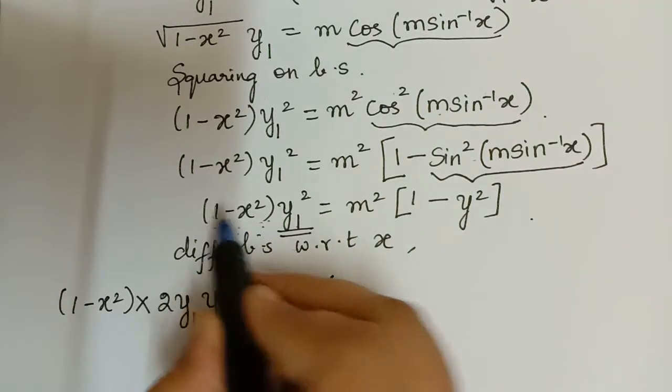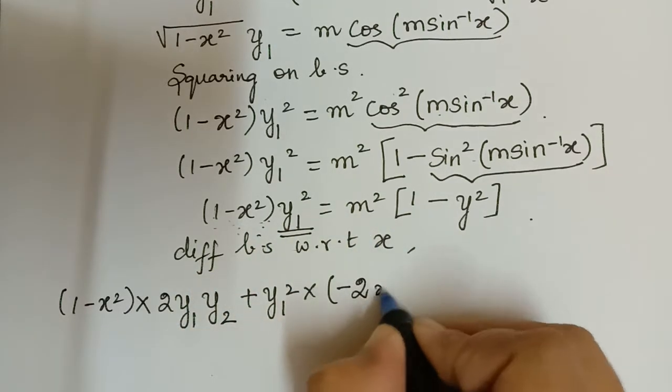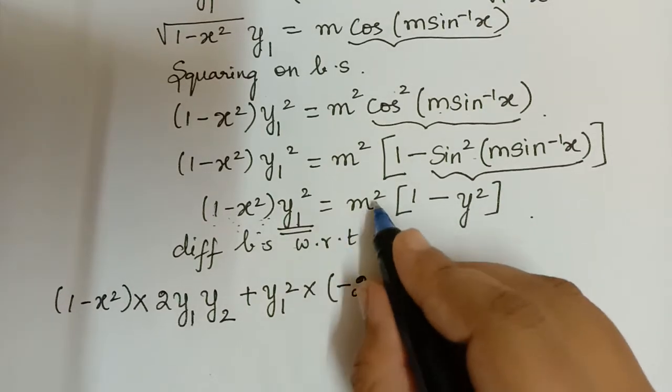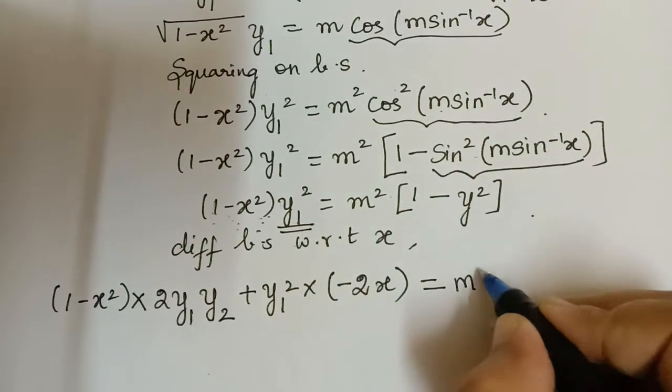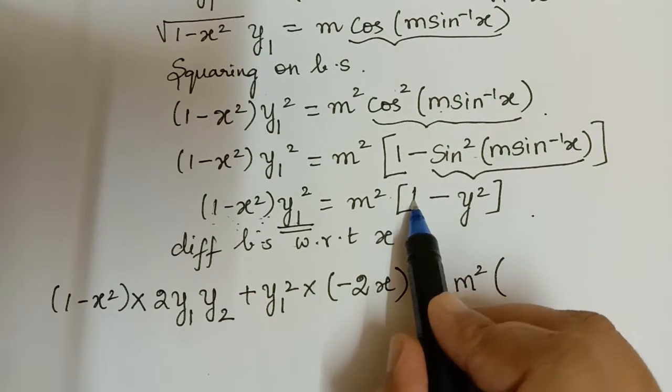So the differentiation of 1 is 0, and the differentiation of minus x squared is minus 2x. Okay, and so that is equal to, now on the right hand side m squared is a constant, so we will have it as such, multiplied with, now this one when we differentiate it will be equal to 0.